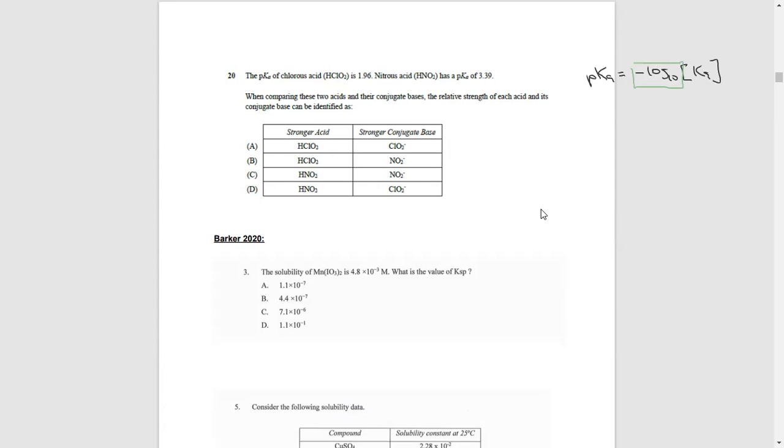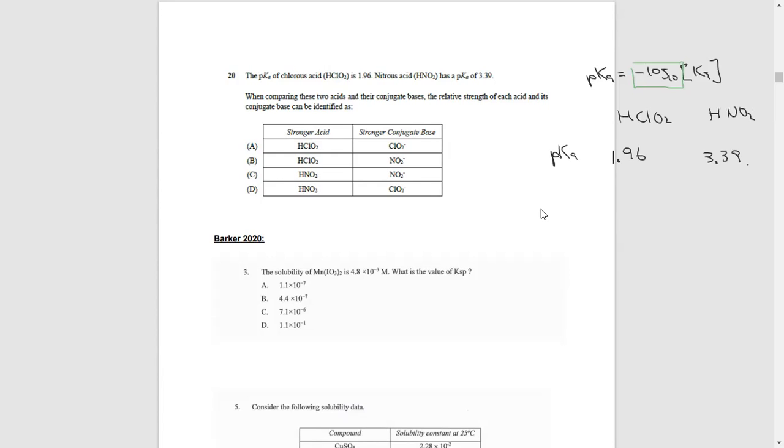So we've got a pKa of chlorous acid, HClO2, of 1.96. And nitrous acid has a pKa of 3.39. So when comparing these two acids and their conjugate bases, the relative strength of each acid and conjugate base can be identified. The pKa is 1.96 and 3.39, and you've got HClO2 and HNO2.